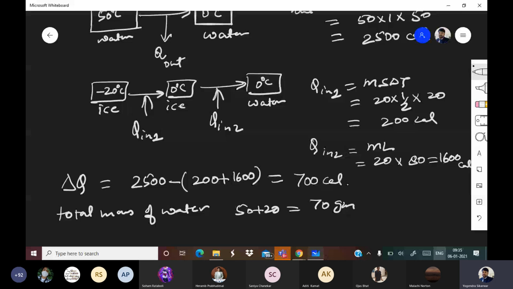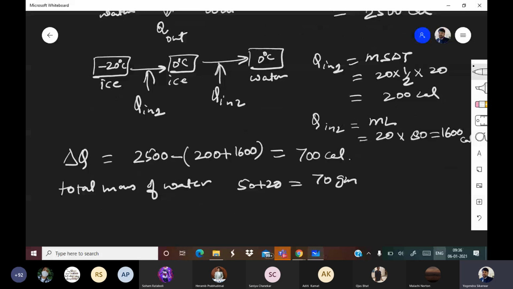And as of now, the temperature is 0. So the question got converted into, if 70 gram water is at 0 degrees Celsius and you are giving it 700 calories, what will be the final temperature?